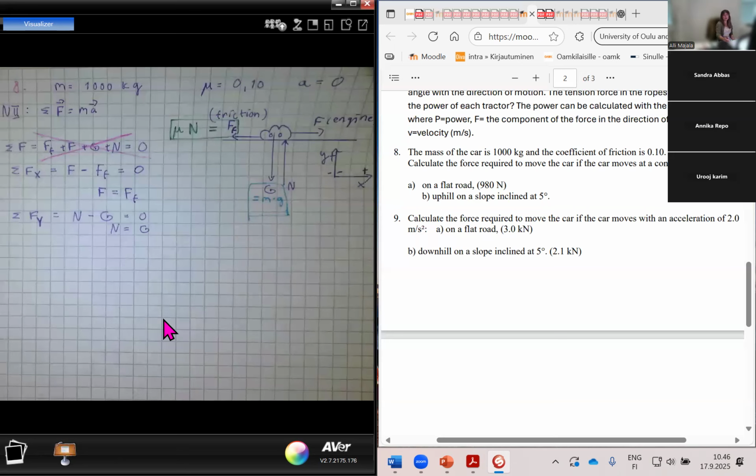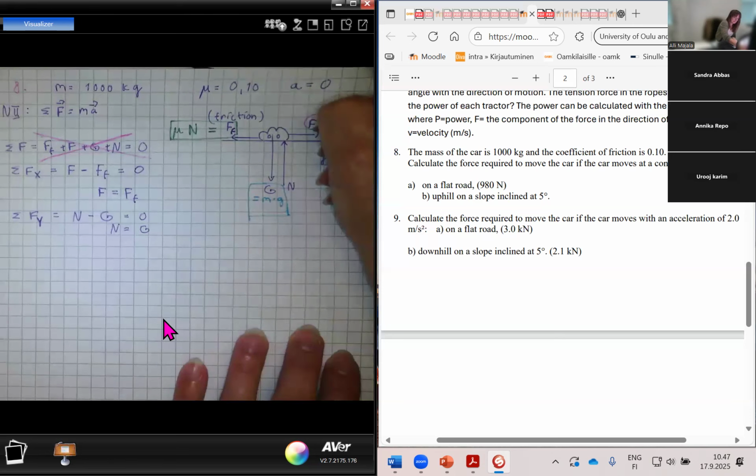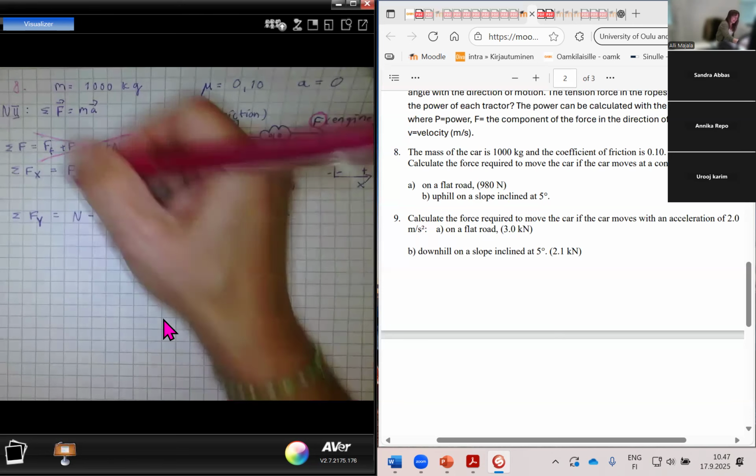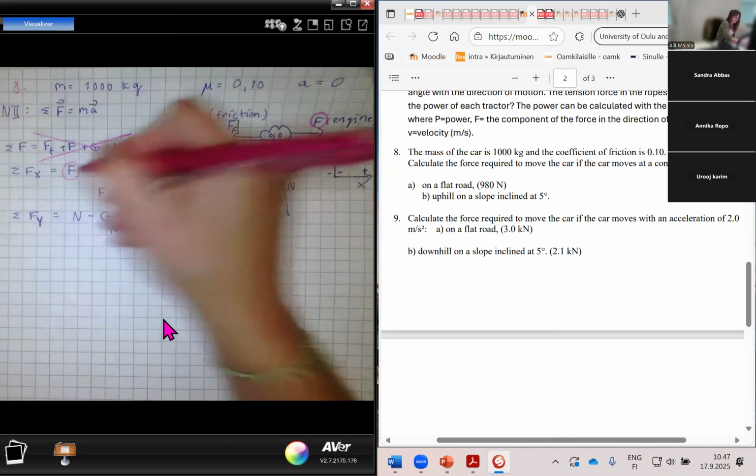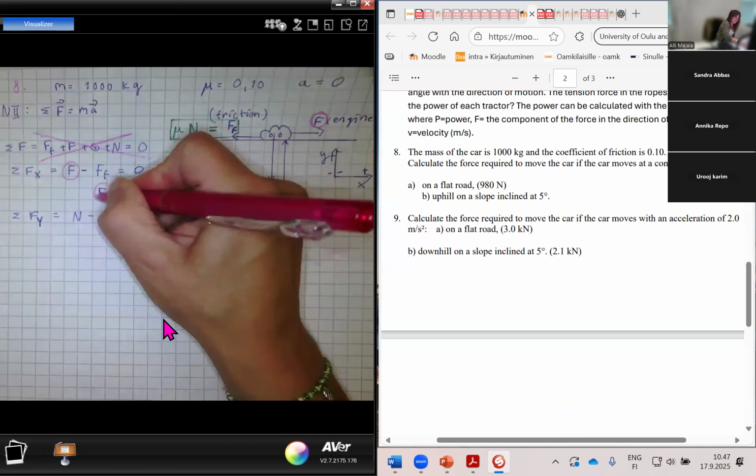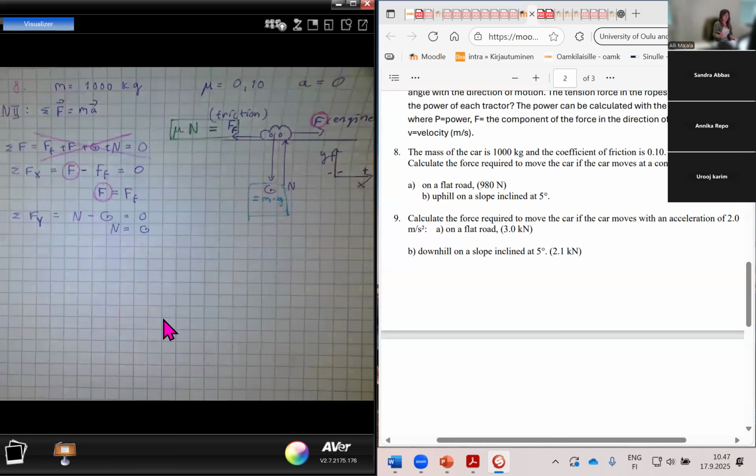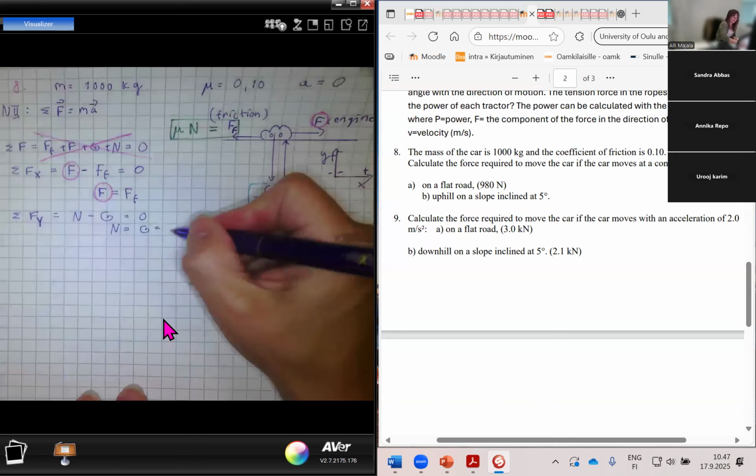Now we are almost done, because what we actually needed here was this. So we have it here. We have solved it. How to solve this until the end?